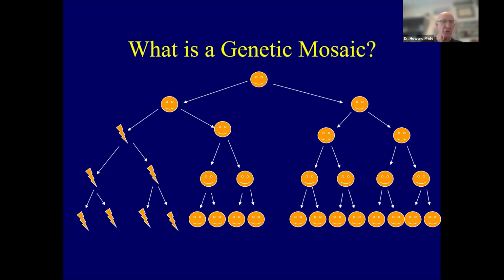So this is just a cartoon that I've made to illustrate this. So you've got a happy little fertilized egg in the middle there, and it goes through a number of divisions. And the sweet spot for actually getting a clinical genetic mosaic is usually in the mid-teens.